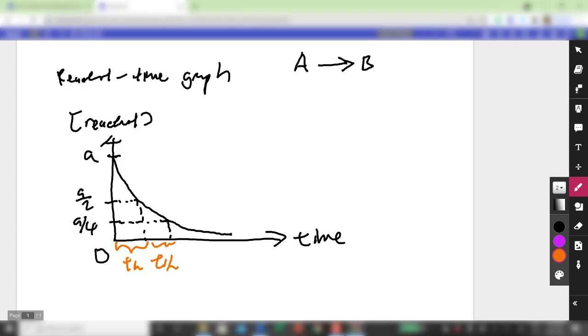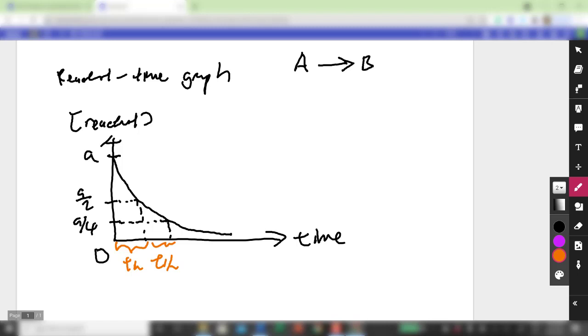If it's relatively constant, or even constant at a fixed value, then you can deduce that this is a first order kinetics with respect to the reactant. Of course, in most cases you can get a very nice graph like this, and then you can find consecutive half-lives. Consecutive half-life means from A to A half, and then A half to A quarter.